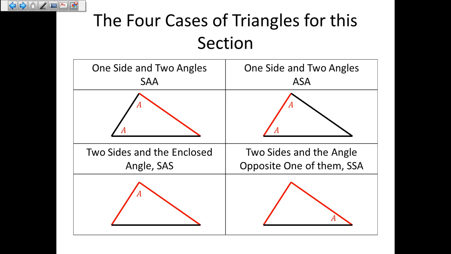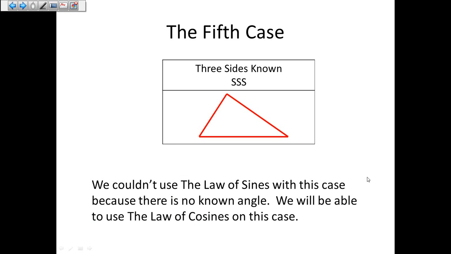Our 4 cases, just like yesterday, are side-angle-angle, side-angle-side, angle-side-angle, and side-side-angle. The 5th case that we were not able to do anything with yesterday was side-side-side. We couldn't use the law of sines with this case because there was no known angle. Now we're going to be able to do this with the law of cosines, and we're going to cover that in this video.